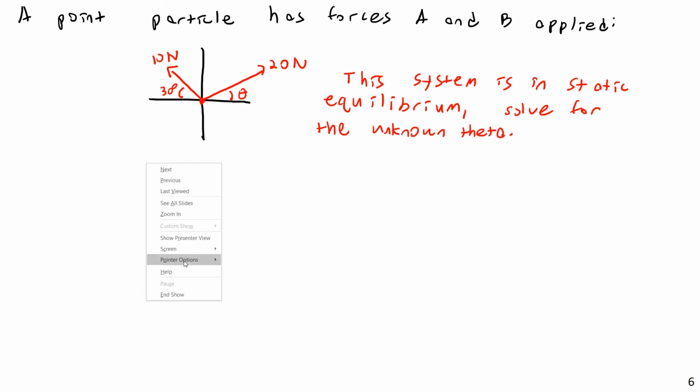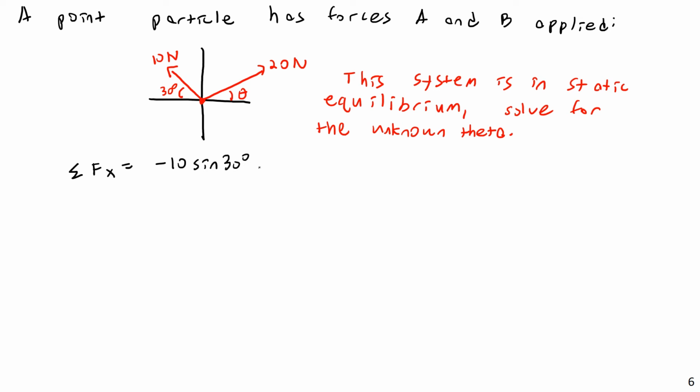So let's try this. Let's do a sum of forces in the x direction. I will have negative 10 times the cosine of 30 degrees plus 20 times the cosine theta is equal to 0.